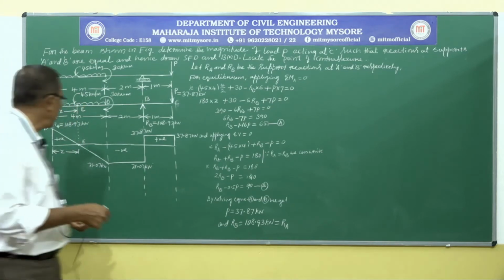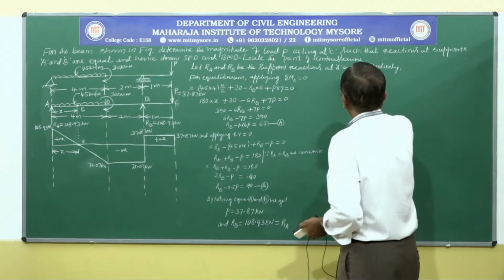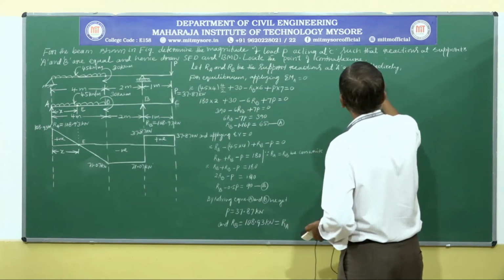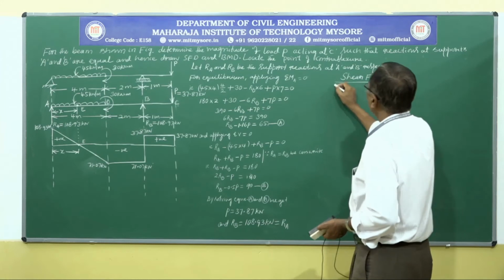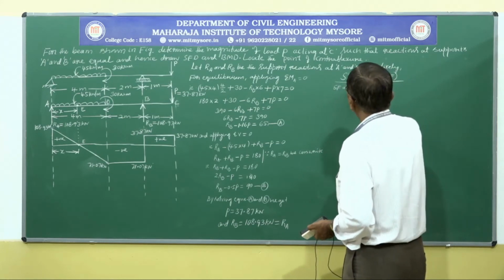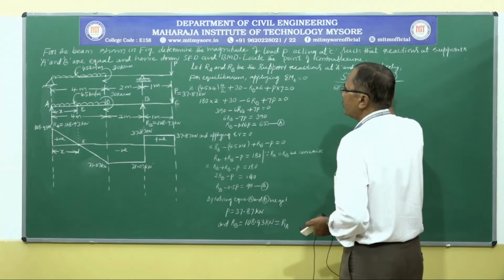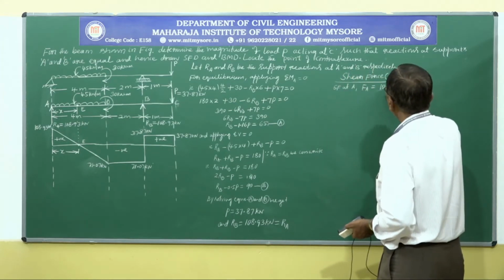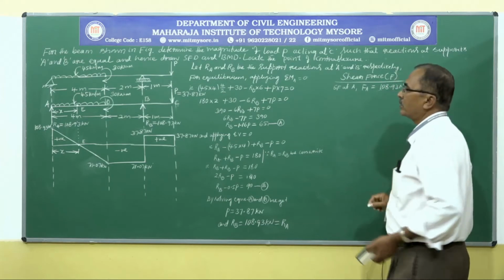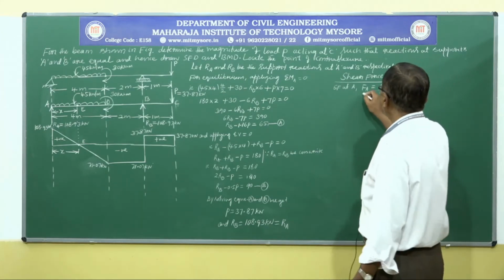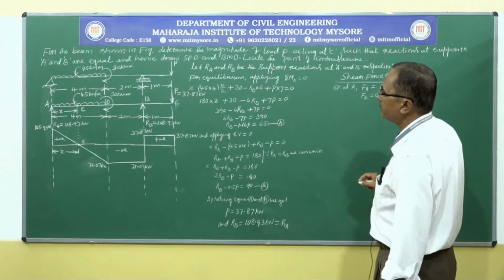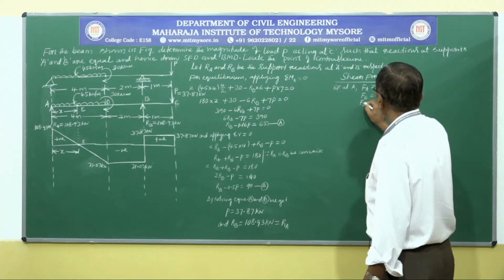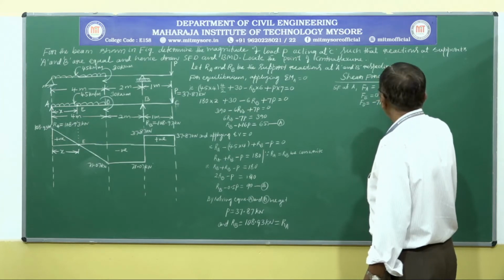So we know shear force at point E is 0. Let us write the shear force values. Shear force at A, FA, is equal to 108.93. Next, shear force at E, FE, is 0. Shear force at D, FD, is equal to minus 71.07 kilonewton.